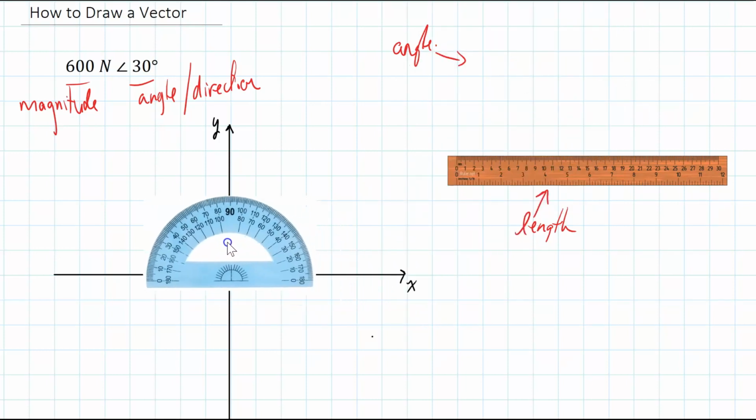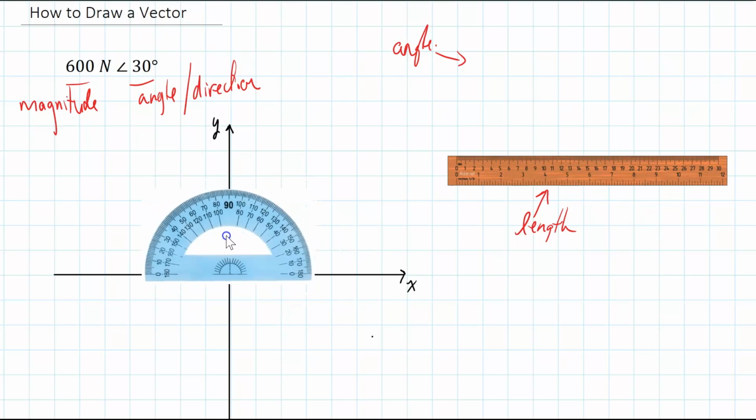The 90 should be lined up with the y-axis, and 0 degrees should be lined up with the x-axis. Notice that I have my 90 lined up with the y-axis and my 0 degrees lined up with my x-axis, which would mean that where those intersect on my protractor is overlapping 0, 0 on my graph.